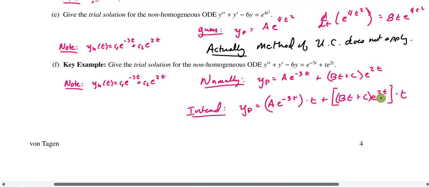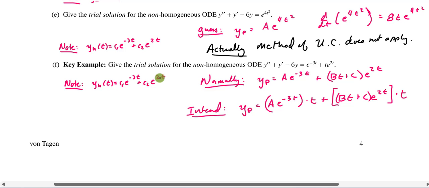That actually wasn't a problem because the Bte^(2t) already cleared the homogeneous family of solutions. But we still have to follow this procedure. What wasn't clearing the homogeneous family of solutions was the Ce^(2t), but now that I've multiplied by this extra factor of t, we'd have Cte^(2t), and we're clearing the homogeneous family of solutions.